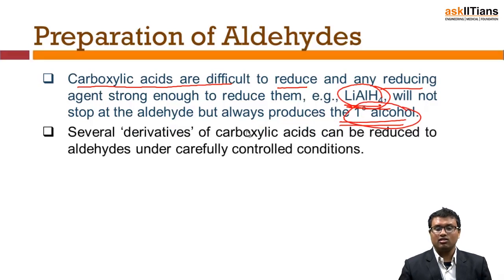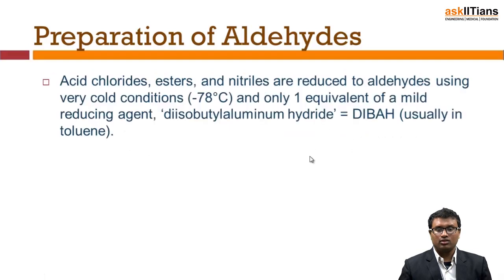Several derivatives of carboxylic acids can be reduced to aldehydes under carefully controlled conditions. So there is a chance to convert your carboxylic acid into an aldehyde using a careful environment. Acid chlorides, esters and nitriles are reduced to aldehydes using very cold conditions.